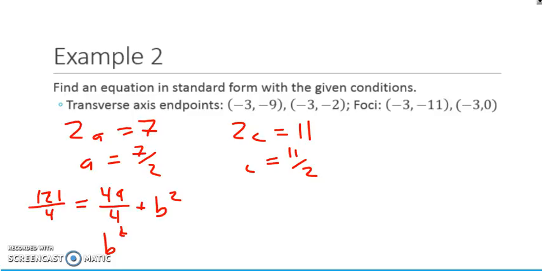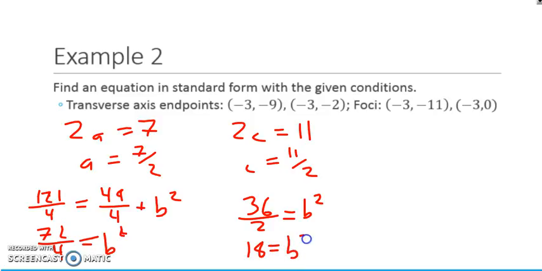It's already done. And 72 is a number that's divisible by 4, so we can actually reduce that fraction, or if you just cut it in half first and then do it as two different steps, that would be fine as well. So you could break that down as 36 over 2, which is then equal to 18. And remember, we don't need to actually solve for b. I can just stop by saying b squared equals 18.